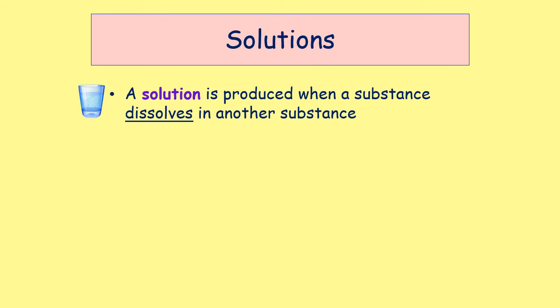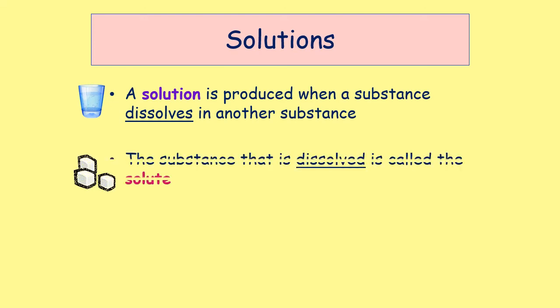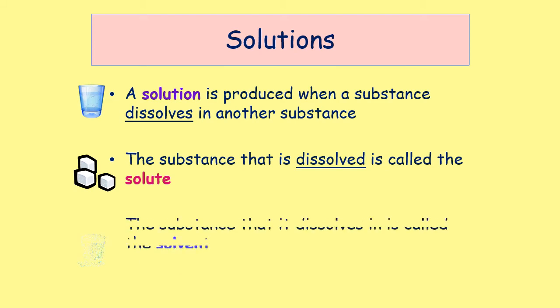Now, a solution is produced when a substance dissolves in another substance. The substance that is dissolved is called the solute, and the substance it dissolves in is called the solvent. Now there's a rhyming way to remember this, because whenever you're making a solution, you put a solid in a liquid, and the word solute is what was put.